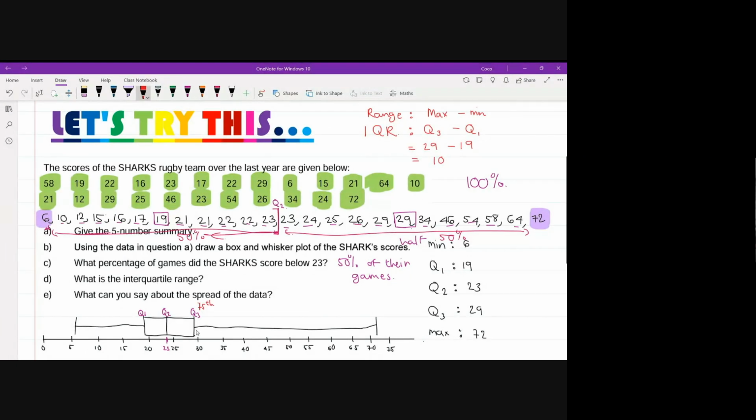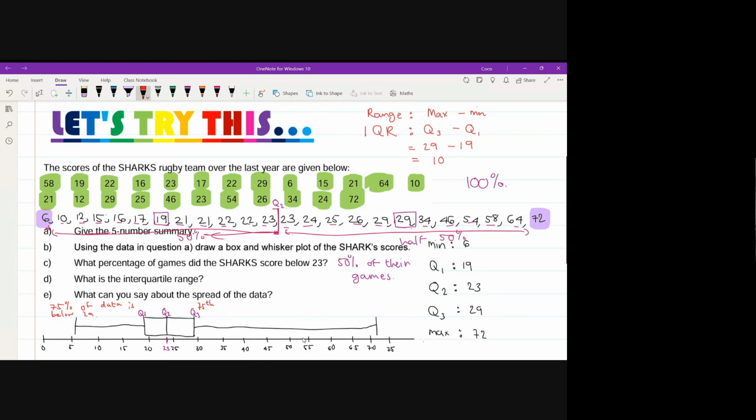So that means most of my points are in these three quarters over here. So we can say that 75% of the data is below 29. Am I making sense or have I lost some of you?